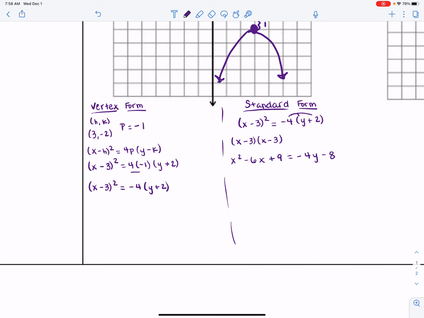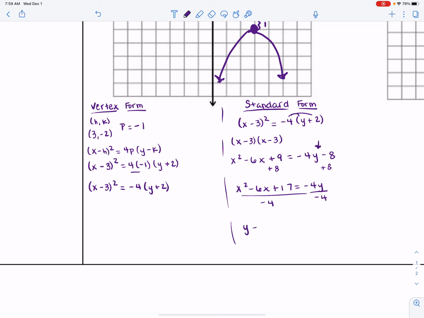Now, I need to solve for y because it's the variable that doesn't have a square on it. So I'm going to add 8 to both sides, which means I'm going to add 8 to the 9. So x squared minus 6x plus 17 equals negative 4y. To get the y, we're going to divide everything we have by negative 4.